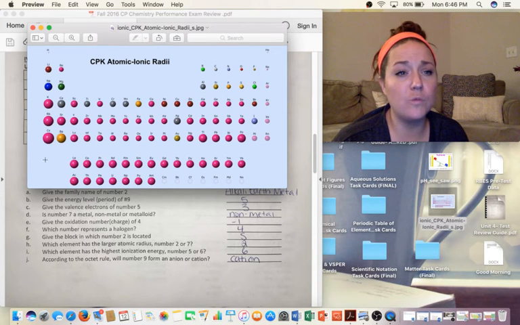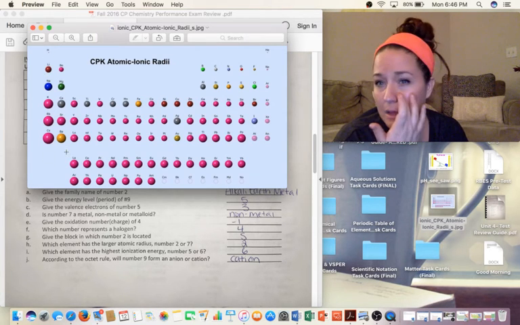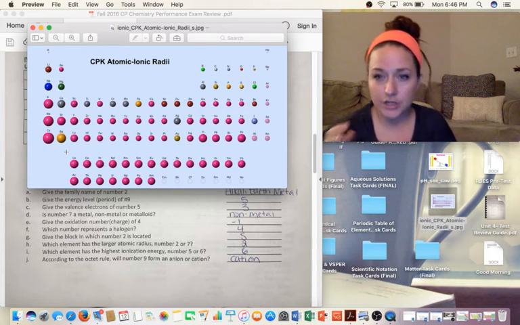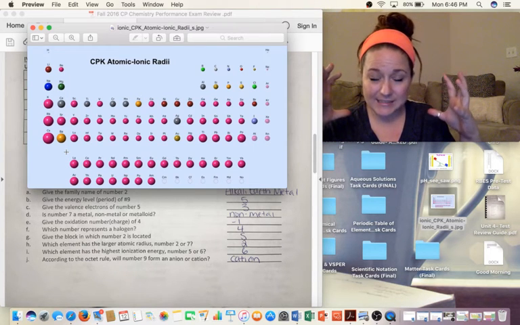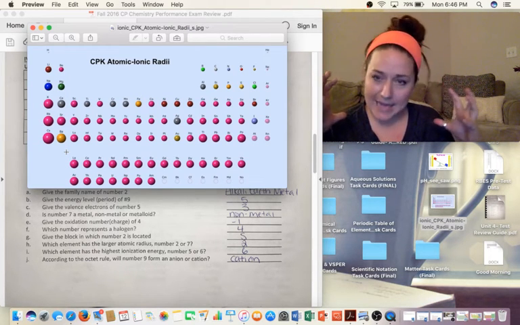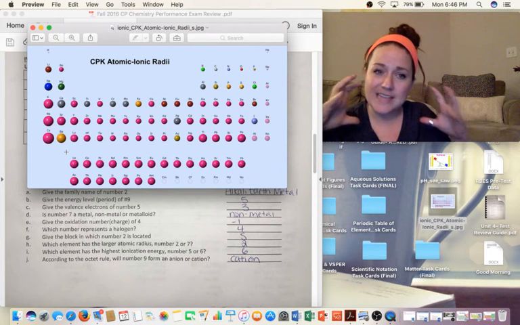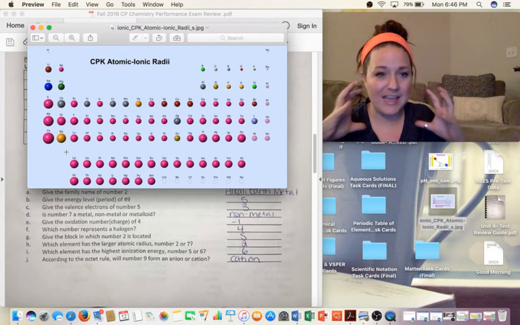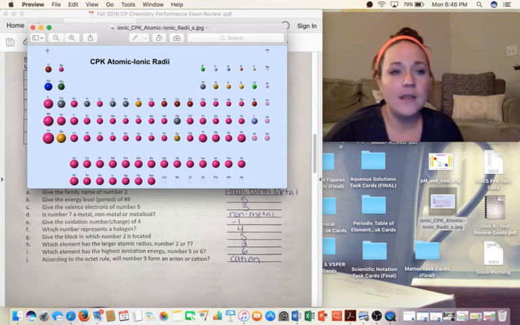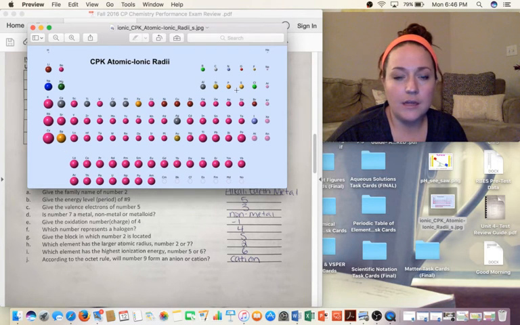So that's exactly what is happening. Groups 1 and 2 are larger because they have less of that magnetic pull, since they have fewer electrons on the outside. That's talking about the rows going across.